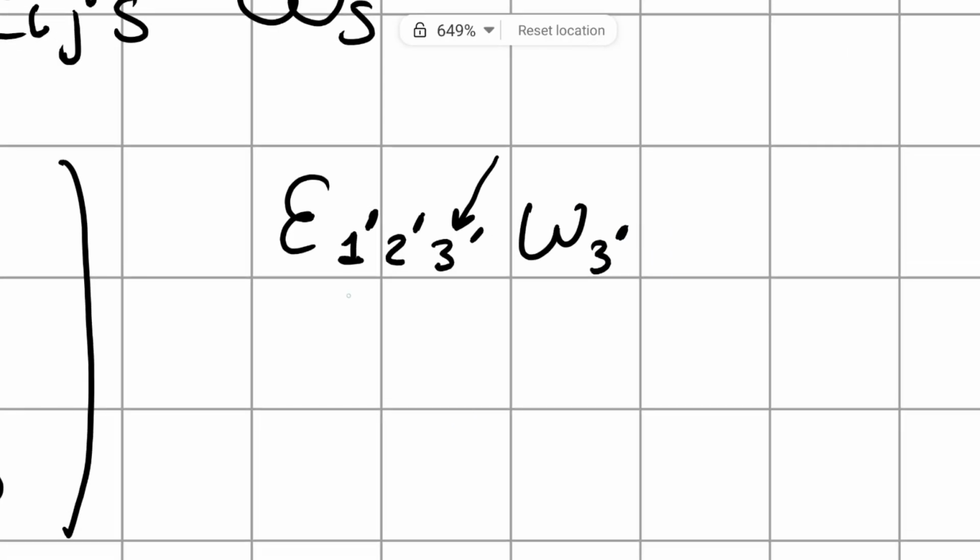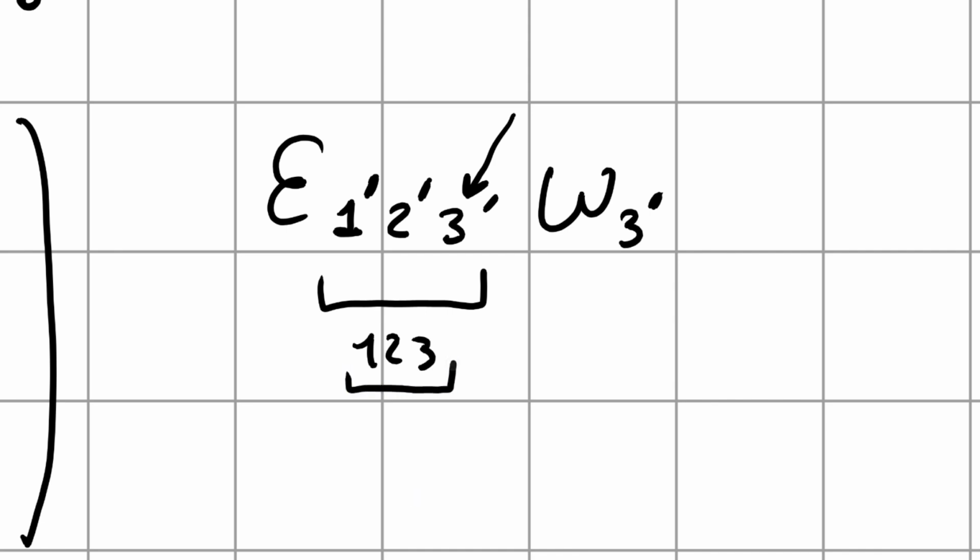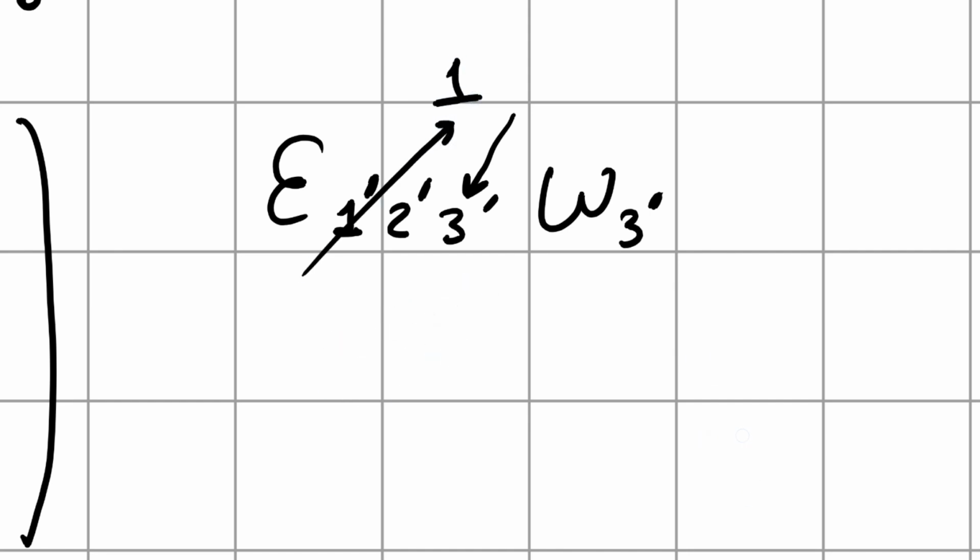And we know that in this order, this is an even permutation of the sequence 1, 2, 3, and it is an even permutation because we are making 0 permutations. We already have the 1, 2, 3, so we do not have to make any permutation to get to this 1, 2, 3 that we have here. So that means that the value of this Levi-Civita symbol is going to be just 1.